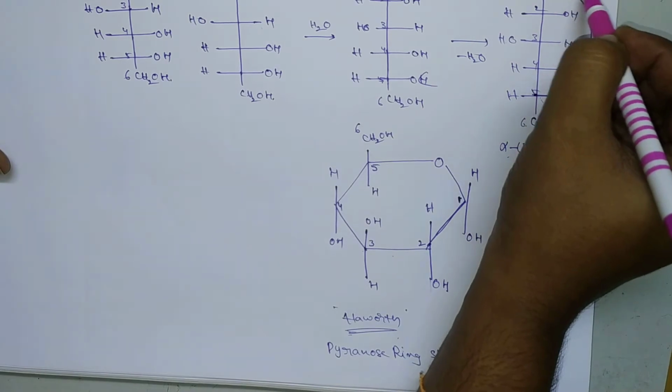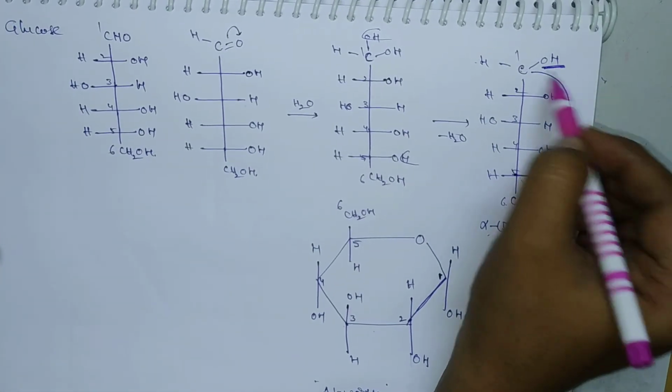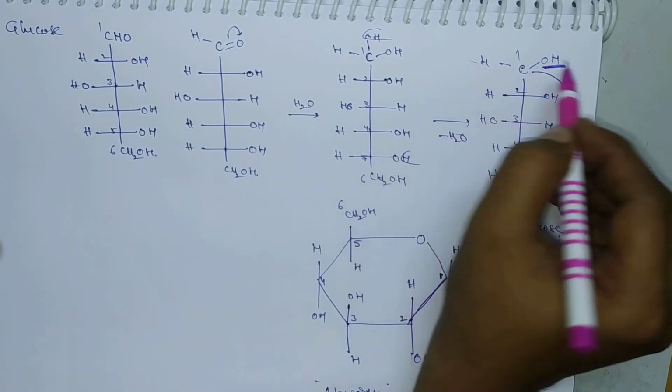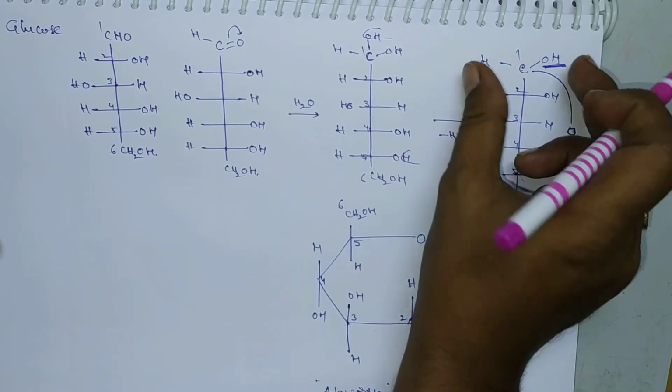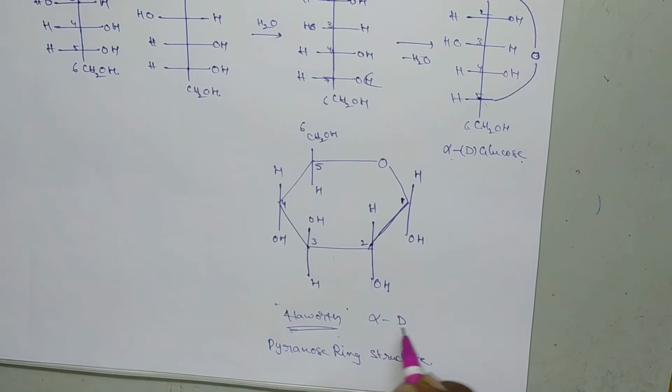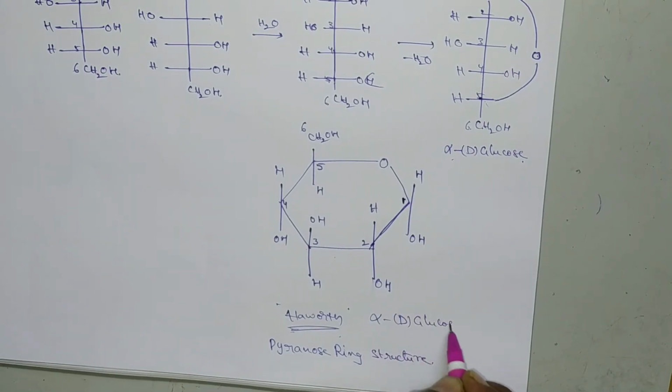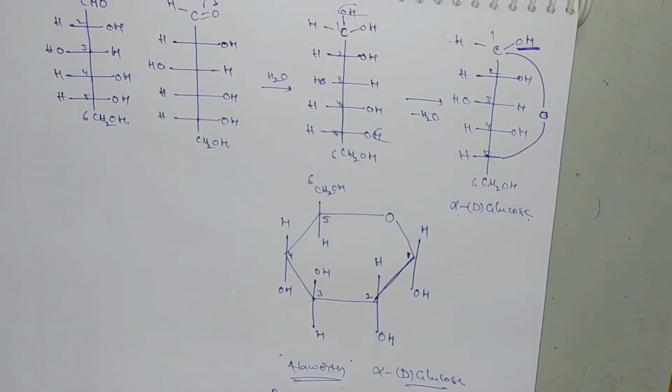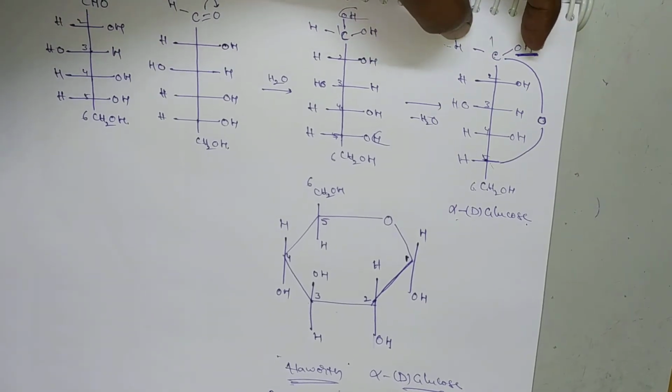If OH is present at the right hand side, then it is called alpha. If the OH is present at the left hand side, then it is called beta. Okay, so this is alpha D glucose. In order to get the beta D glucose, we have to just interchange the first carbon.